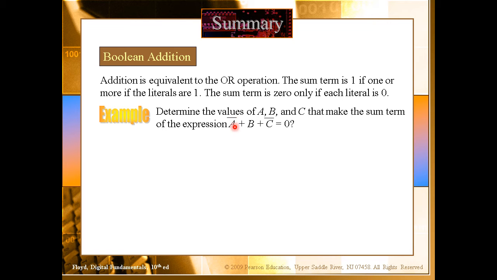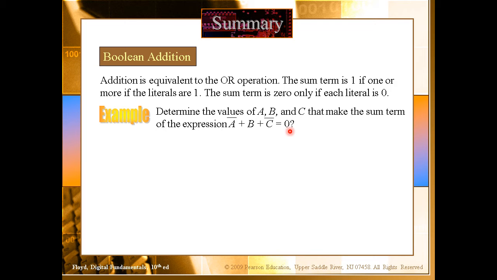So if somebody gives you this expression and asks, how about if I have a prime plus b plus c prime equals 0? Can you guess what the values of a, b, and c will be? It's actually very easy to guess, because if you add 3 literals and the sum is 0, that means all of these 3 literals individually must be 0, because there is no way you can get 0 in an OR gate otherwise.